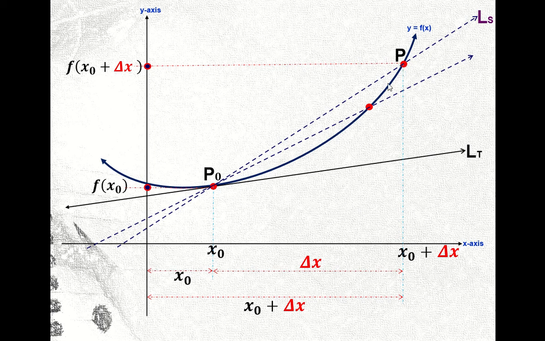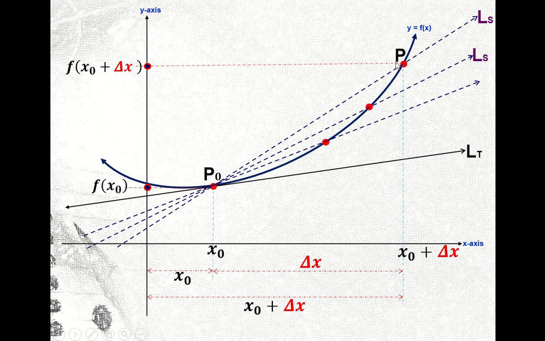So when this point P moves here, this is our new position of our secant line. Now if we move further to another point, shall we say here, our secant line is now approaching the tangent line.